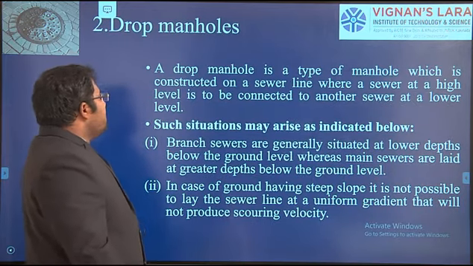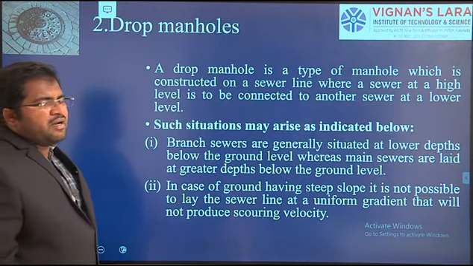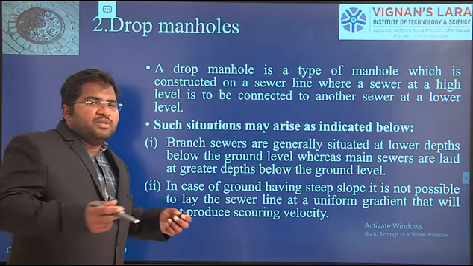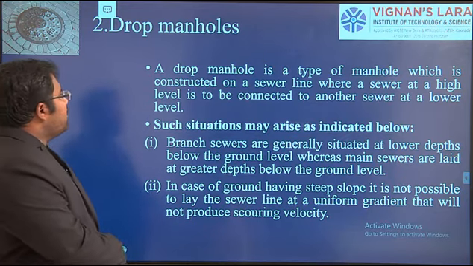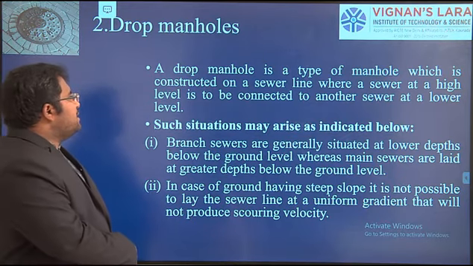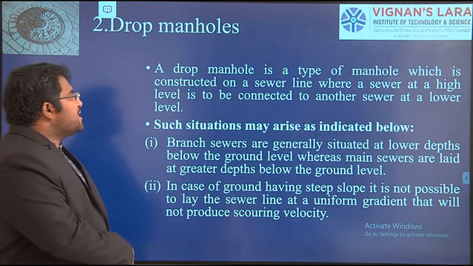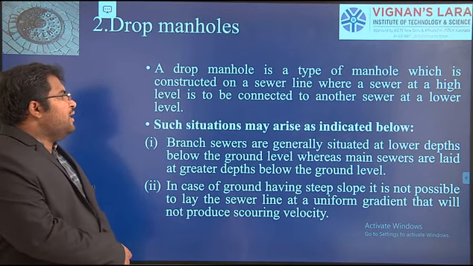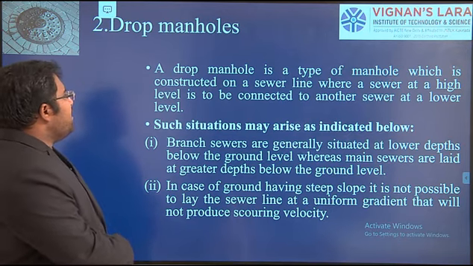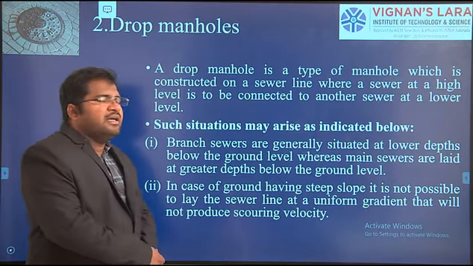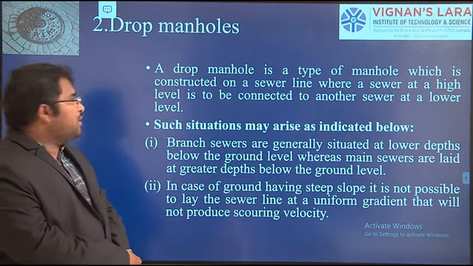So the next thing is the drop manhole. The next component, or next appendage, in the sewer line is the drop manhole. A drop manhole is a type of manhole constructed on a sewer line where a sewer at high level is to be connected to another sewer at a lower level.